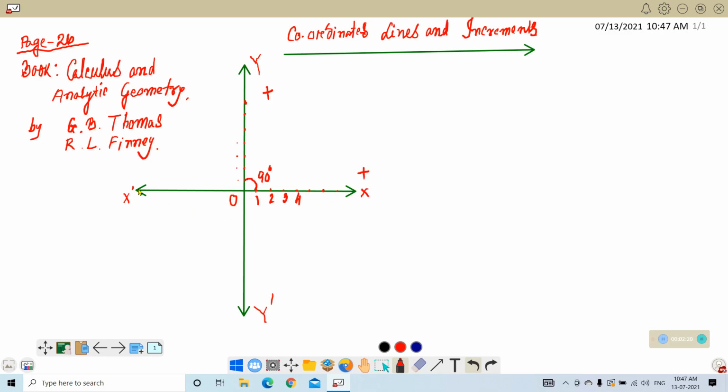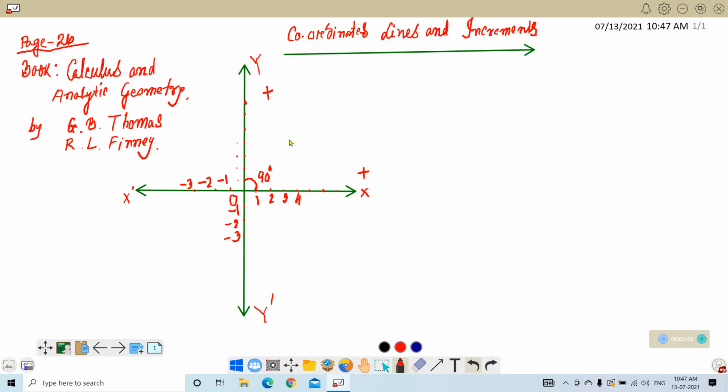Along the negative x-axis, this is -1, -2, -3, and along y prime, that means the negative y-axis, this is -1, -2, -3, and so on.